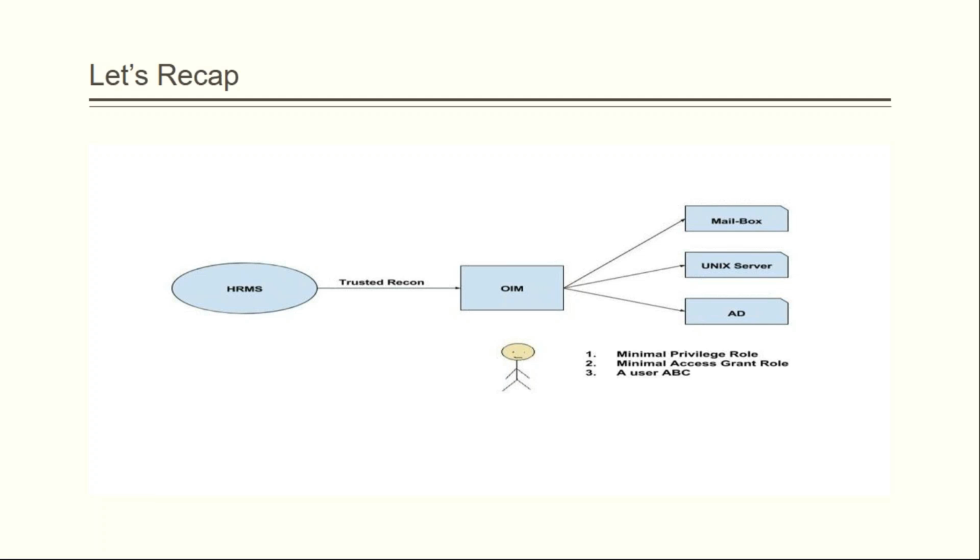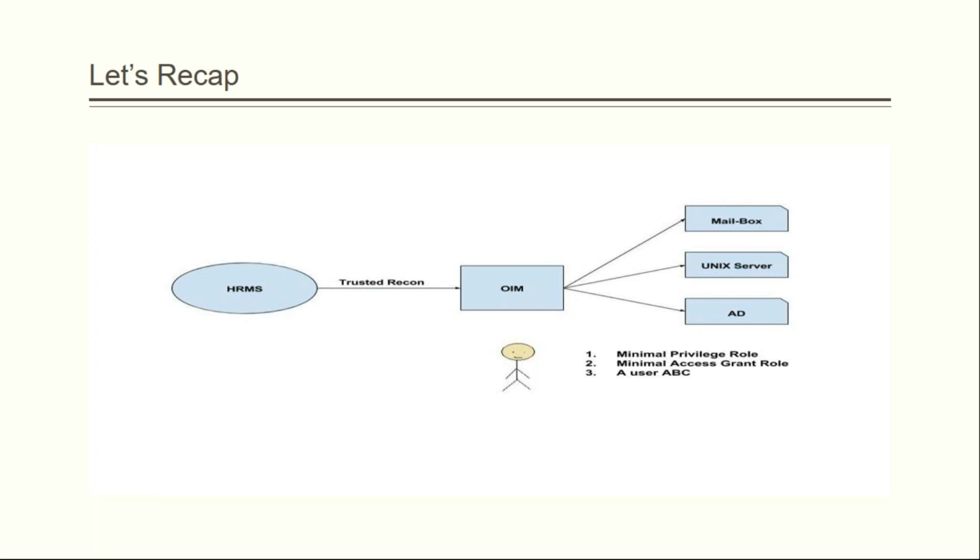Okay. So basically, provisioning is the feeding of data from OIM to the target system, right? Yes. But in order to do so, OIM must have the address of the target system, like host details, port details, IP address details and all, right? Yes.